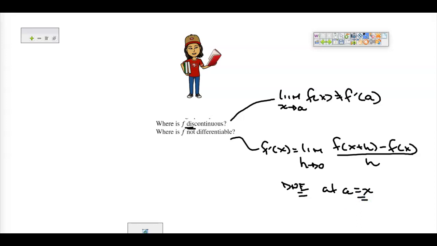So there's a difference in that particular notation. After you're studying, are you able to provide a verbal explanation of what it means for f to be discontinuous versus what it means for f to be not differentiable?